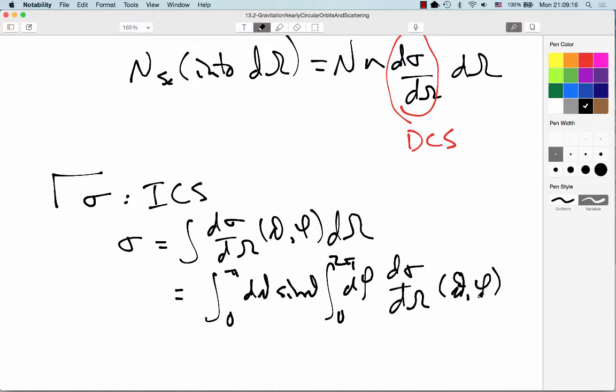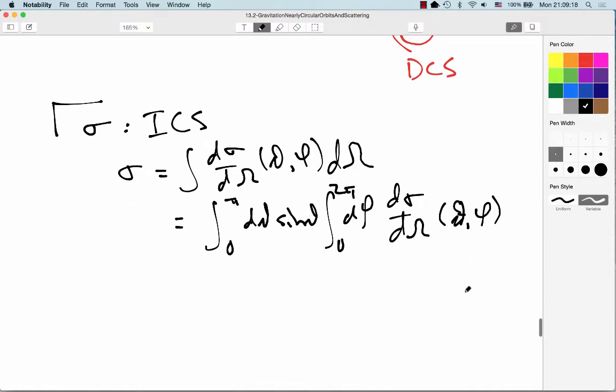And usually you don't have to worry about phi asymmetry, so it just becomes a multiplication by 2 pi, at least in atomic physics most of the time.